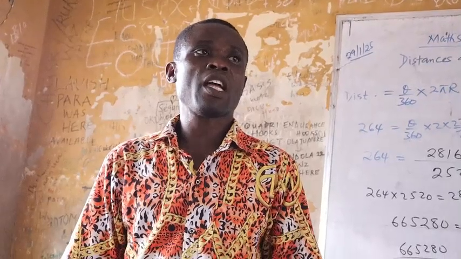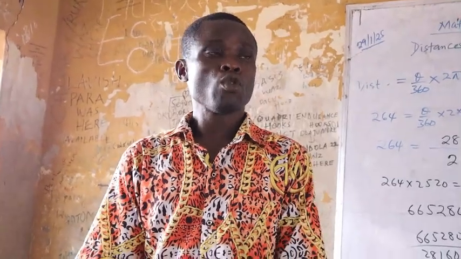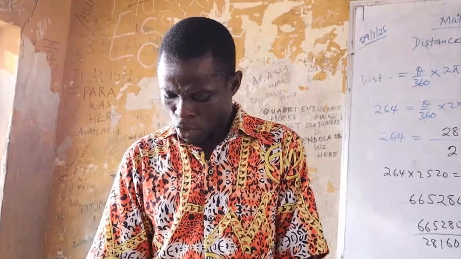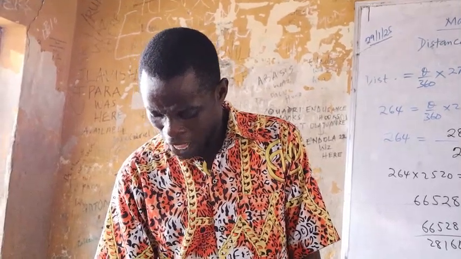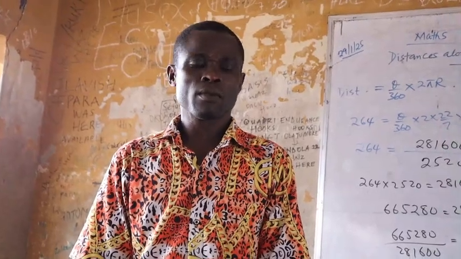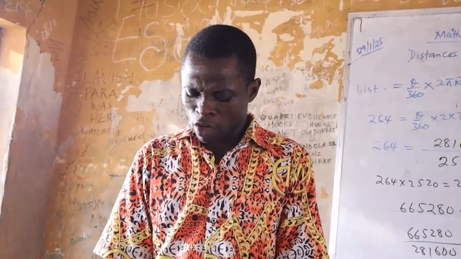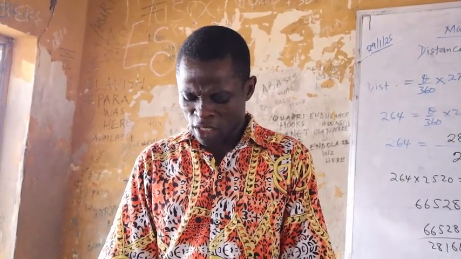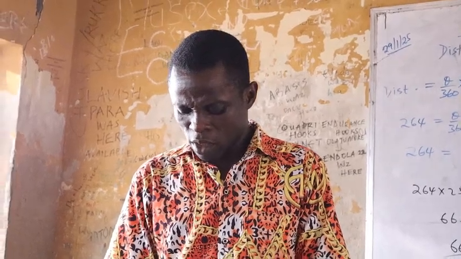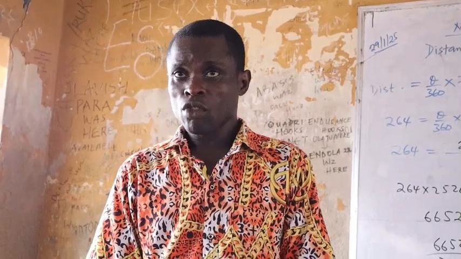Two places X and Y on the equator are on longitude 67 degrees east and 123 degrees east, respectively.